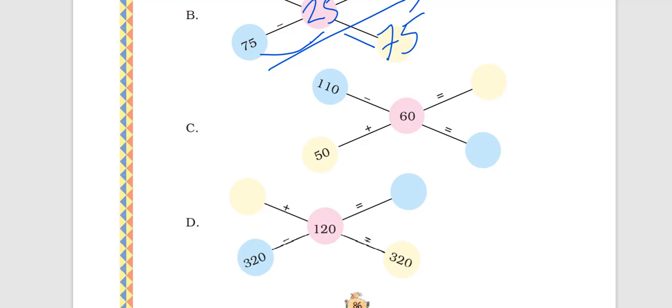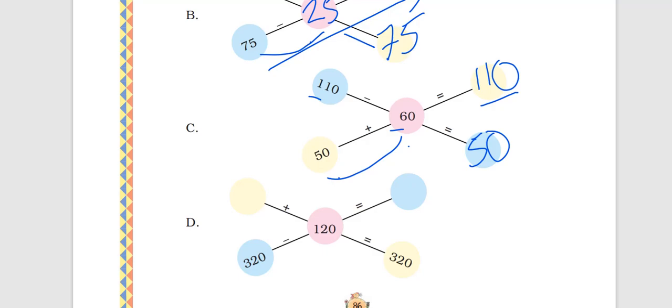Okay, let's do 50 plus 60. 5 tens plus 6 tens is 11 tens. So that is 110. 110 minus 60. 11 tens minus 6 tens is 5 tens, 50. Right? As you can see, you add these two numbers, you get 110.